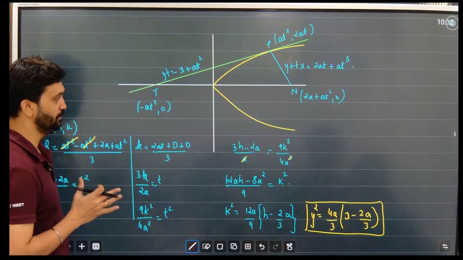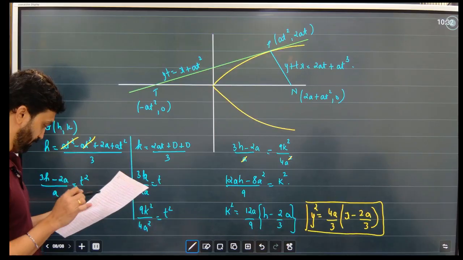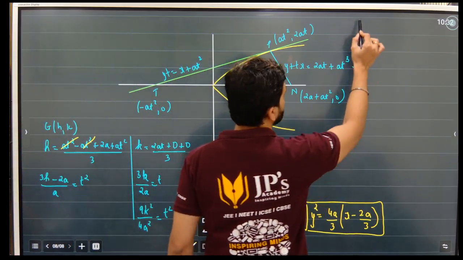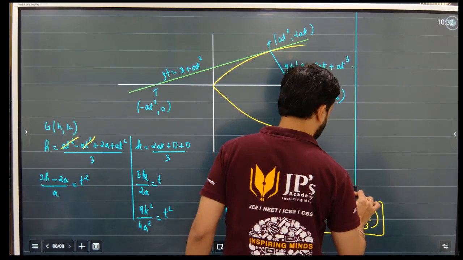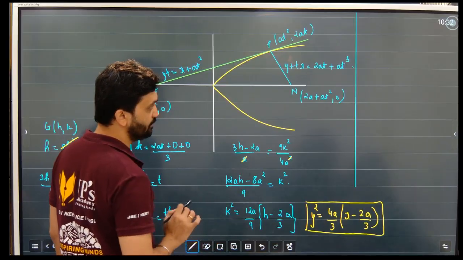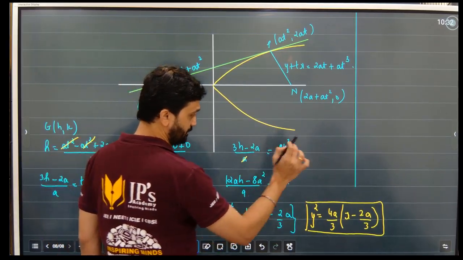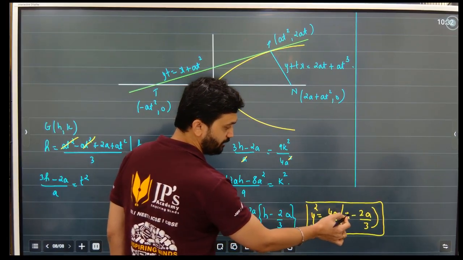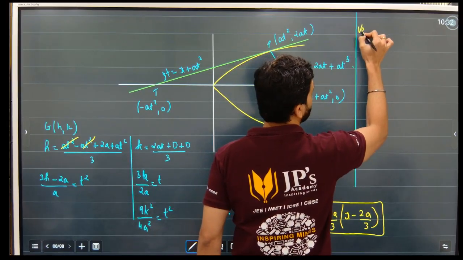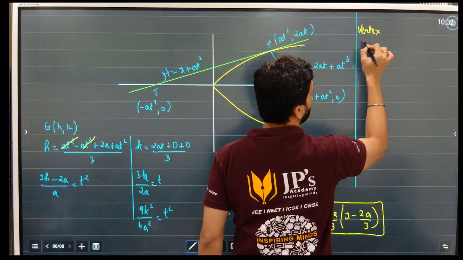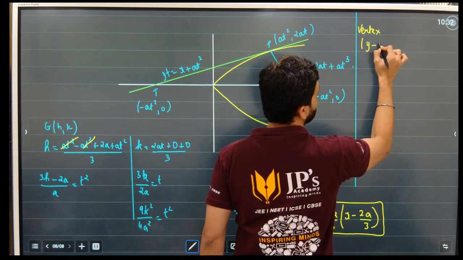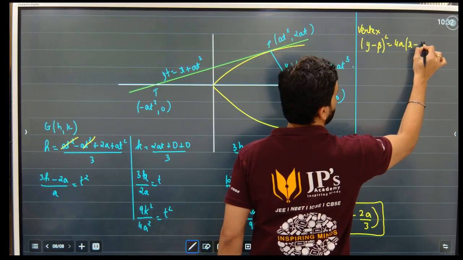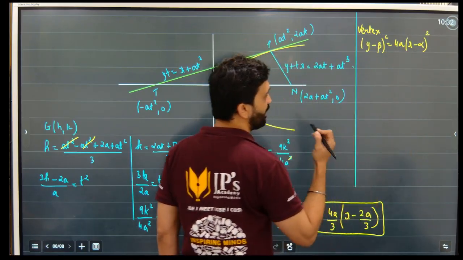Now, looking at it, first of all, they have said that if it is a parabola, first find the vertex. Now if I have to find the vertex, depending on the data we come to know that it is y minus 0 the whole square is equal to 4a into x minus 2a. The form is always like this: (y-β)² = 4a(x-α), where α and β give your vertex.